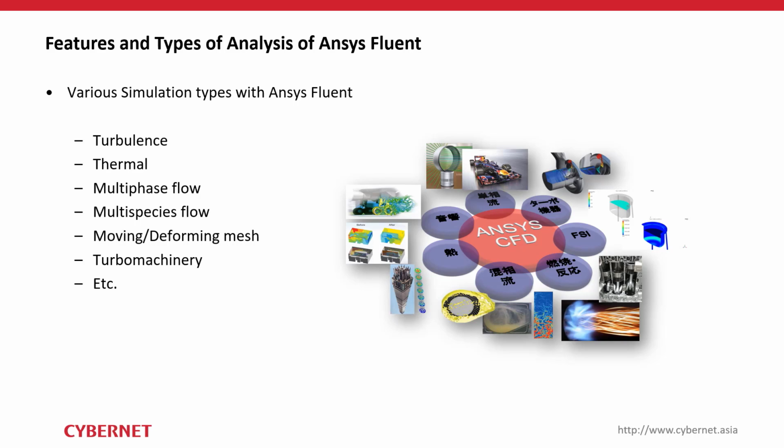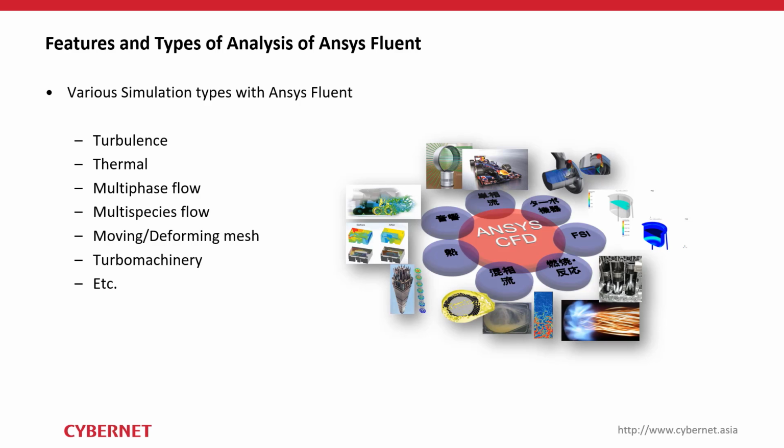So again, like I briefly mentioned in the previous slides, there are various simulation types that can be done with Ansys Fluent. You can include any sort of turbulence model in your analysis. You can do thermal fluid analysis. You can include the thermal boundary condition, multi-phase flow, which essentially includes the different kinds of phases of fluids inside the same domain.